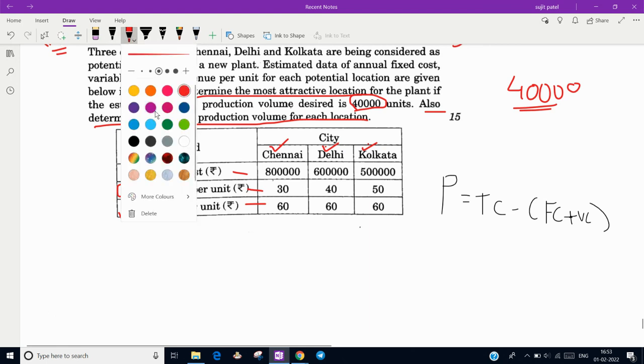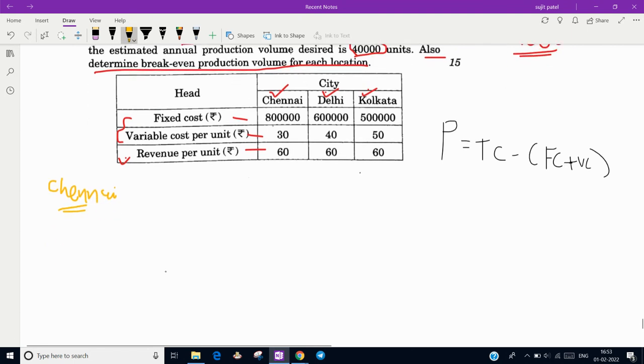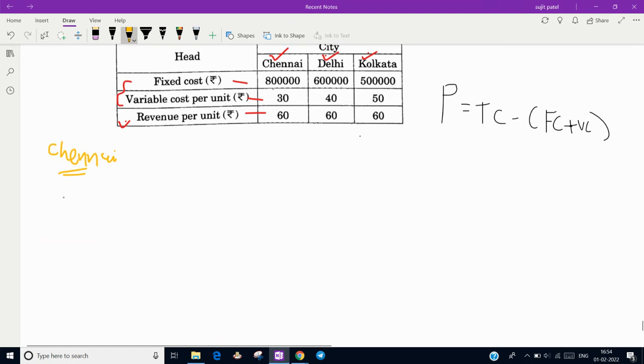So for Chennai, I'm using orange. What is the profit? First we have to find the profit. P is equal to 40,000 units of annual production, selling at 60 rupees, minus the fixed cost of 8 lakh, plus the variable cost of 30 rupees per unit, so 40,000 multiplied by 30.